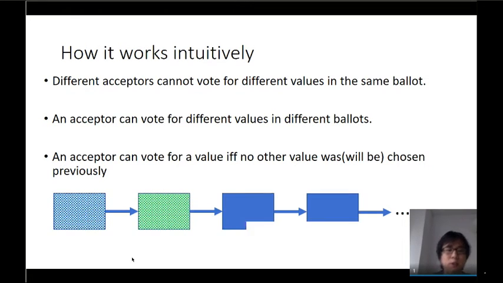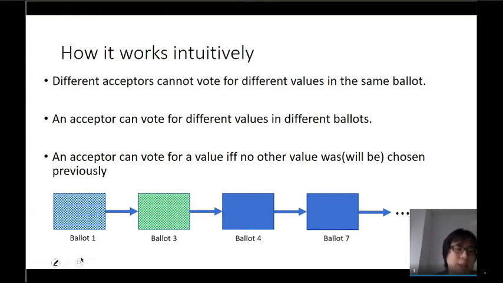So, for example, let's see. In the first ballot, some proposer tries to propose a blue value, but this process does not succeed. So in the next ballot, assume it's ballot 3, another proposer tries to propose a green value, and it doesn't see the blue value because it didn't succeed.